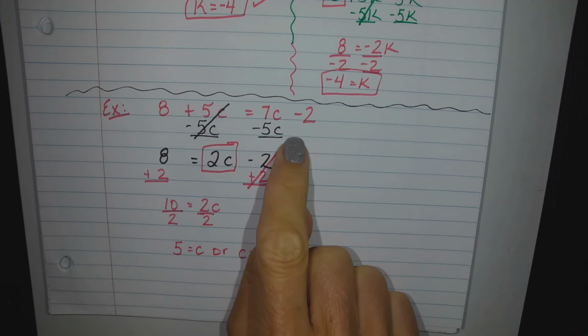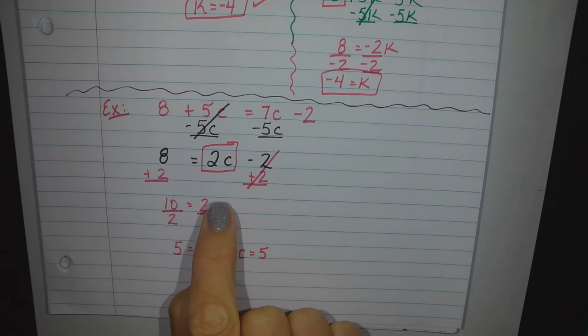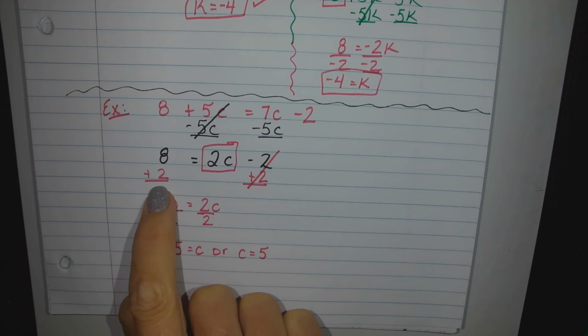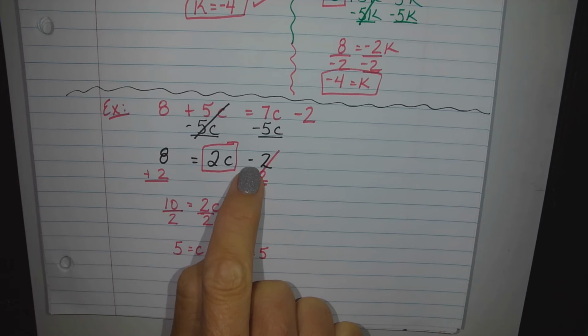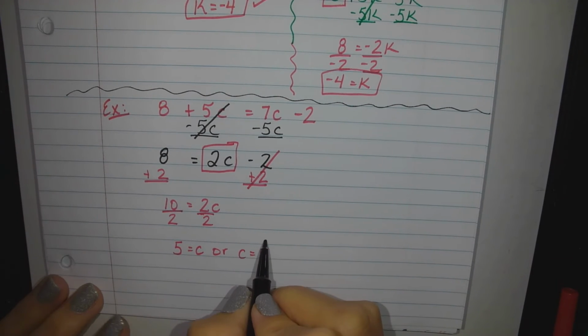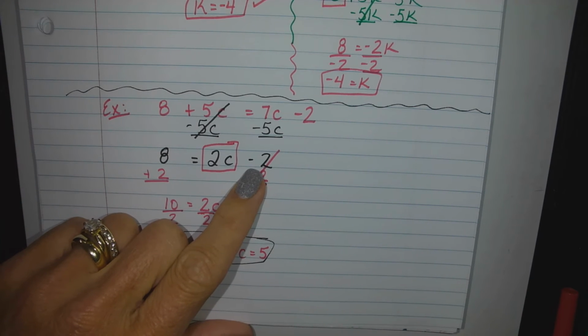Did you add 2? I did 8 equals 2C subtract 2. Did you add 2 here? No. You needed to add 2, because it's negative. If it was positive, then you subtract.